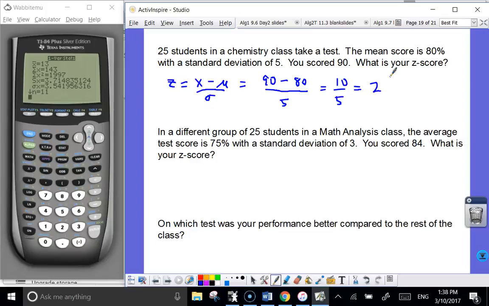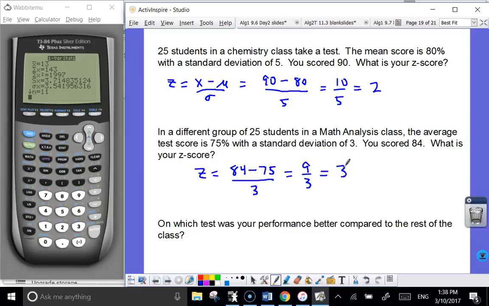Okay, in a different group of 25 students, in a math analysis class, the average test score is 75% with a standard deviation of 3. You scored 84. What is your z-score? So z equals 84 minus 75 divided by 3, which is 9 over 3, which is 3.